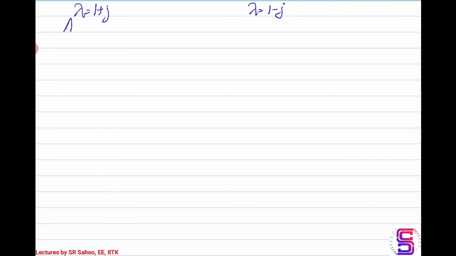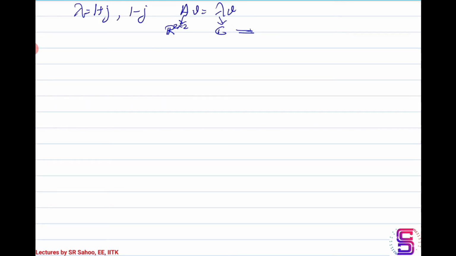Now, as per the definition of the eigenvalue eigenvector, we have to satisfy this particular relationship, right? Now, A is a real matrix and lambda is a complex number in our case.